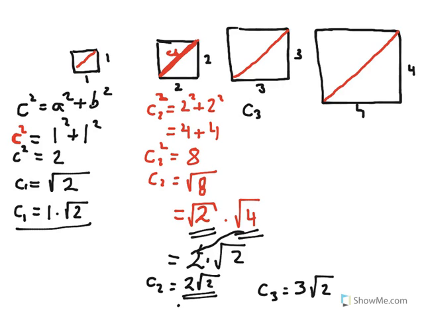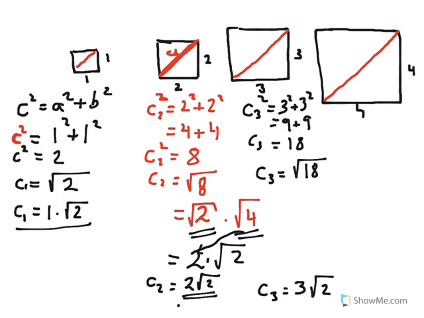c3 squared equals 3 squared plus 3 squared. 3 squared is 9, plus 3 squared again, 9, equals 18. c3 then must be the square root of 18, because c3 squared equals 18.